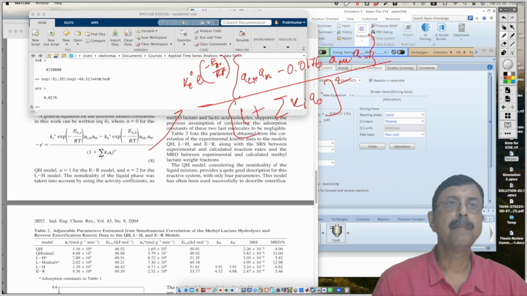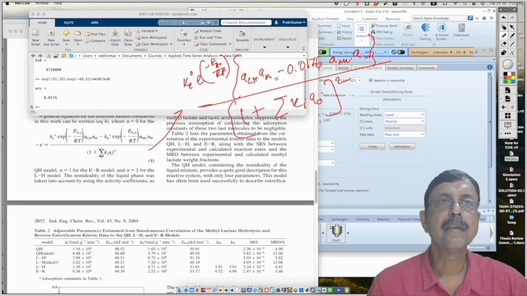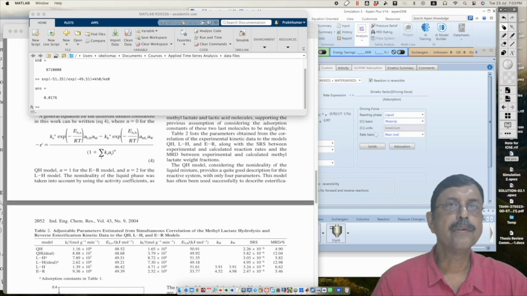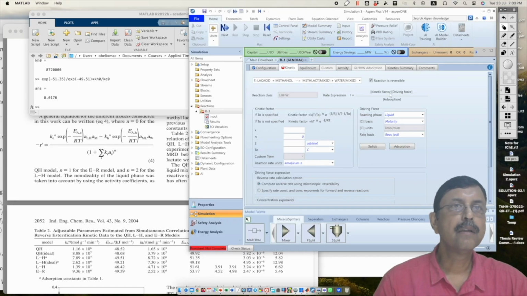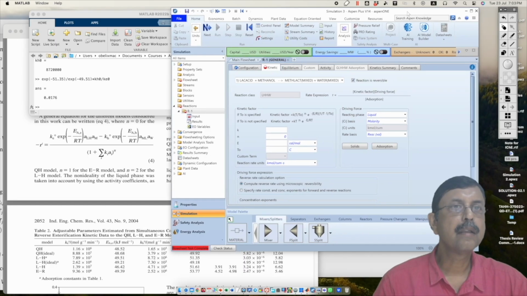So we will simply add in these values over here. For that we write them one by one.